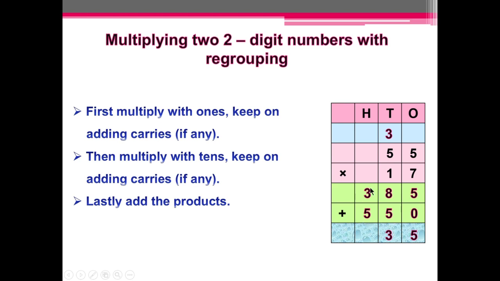Now, 3 plus 5 is equal to 8. 8 plus 1, that one which we kept in our mind as carry. So, 9. 55 multiplied by 17 is equal to 935. Very good.